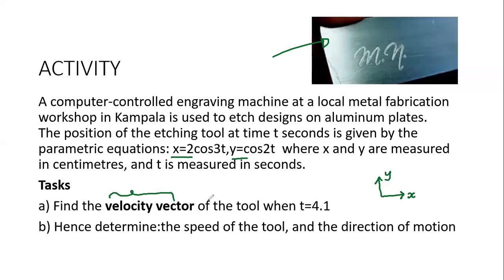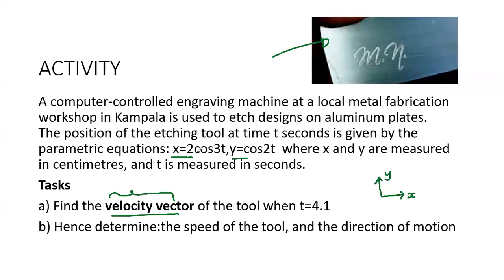Being a vector quantity, its displacement is given in I and J notation. Whenever they tell you velocity vector, that means that you are going to write it in a vector form.